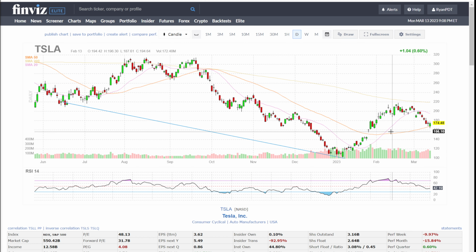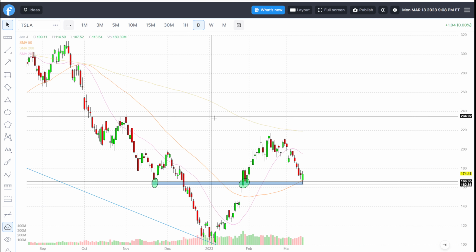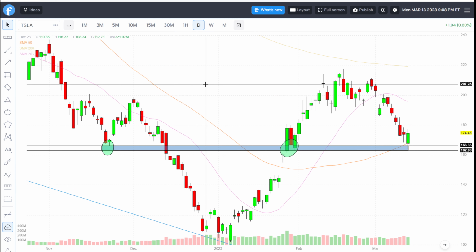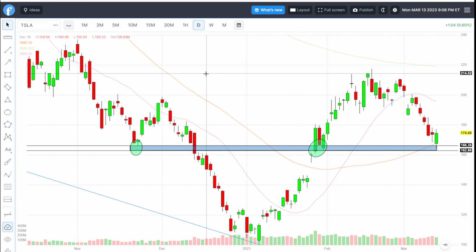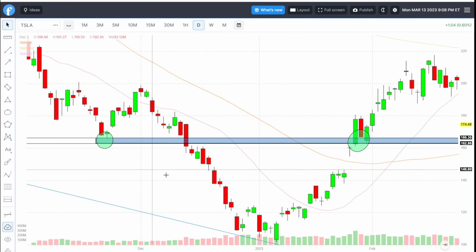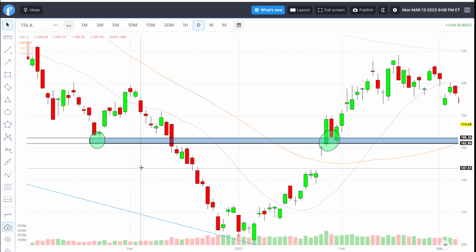Yeah, so let's look here. As you can see, Tesla actually bounced on the 50 moving average, and there's also an area here. So let's go full screen. Yeah, this is the one I drew, and I posted this on Instagram and Twitter, I think. So there's an area here that I really wanted to take as a bounce if it sells off.